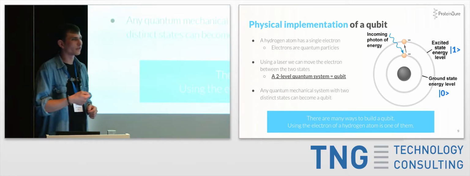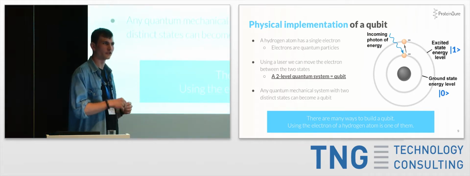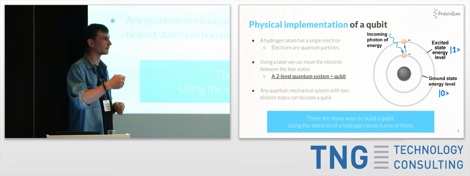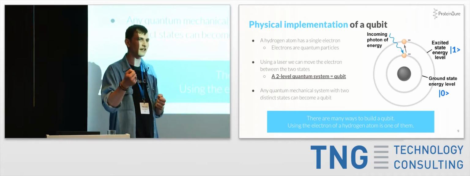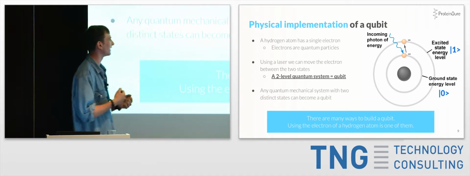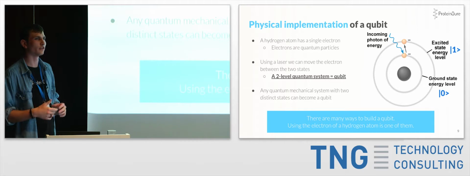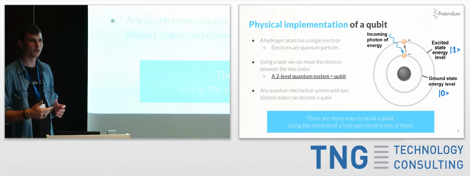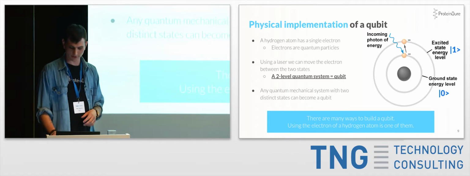And you can create these sort of superpositions by shooting a laser that has not enough energy for it to completely transition into the excited state, which means it has a little bit too much energy to stay in the ground state, but also not quite enough to fully transition. And that's how you can get these superpositions. And you can effectively take any two-level quantum system and turn it into a qubit. And all of the different quantum hardware providers are taking different approaches of building them.